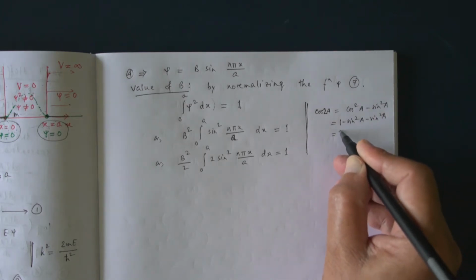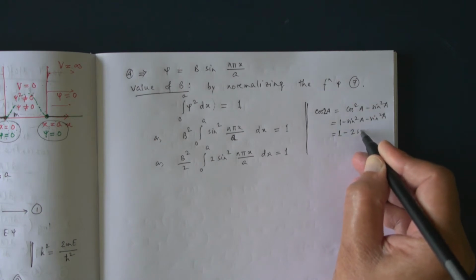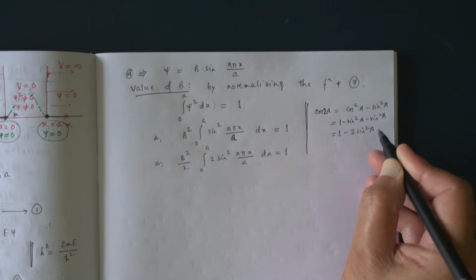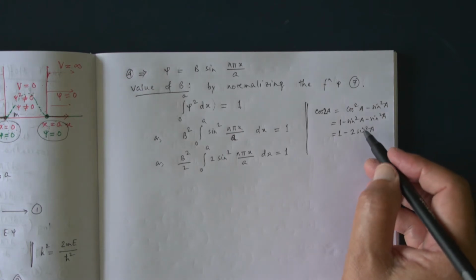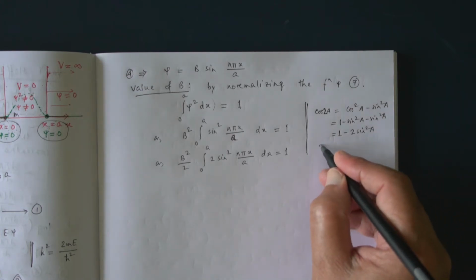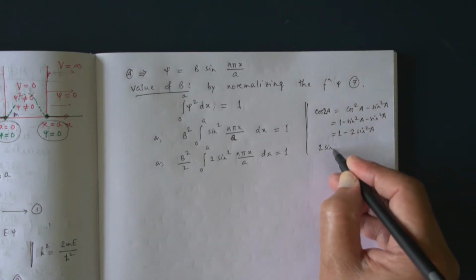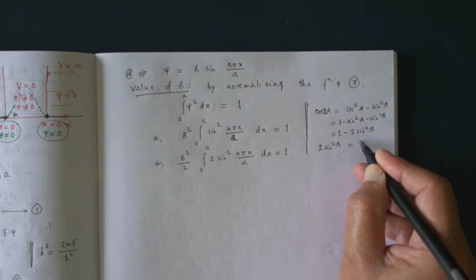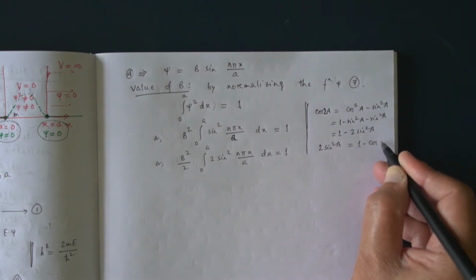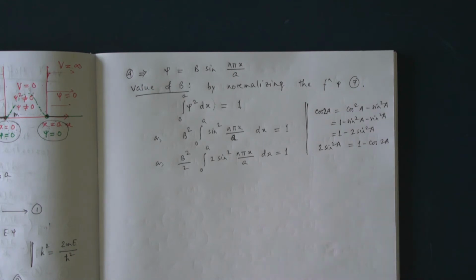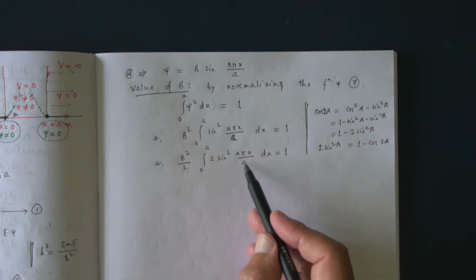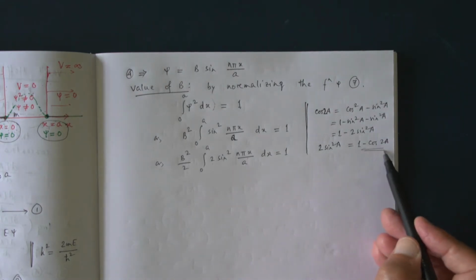So 1 minus 2 sine square a. So 2 sine square a equal to 1 minus cos 2a. For this I can write this.